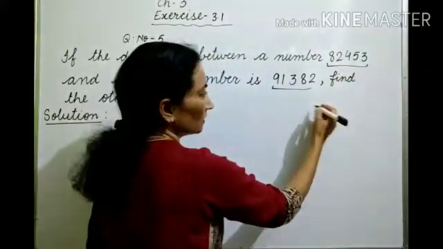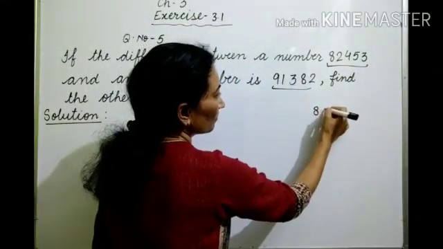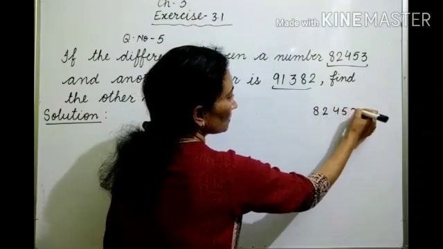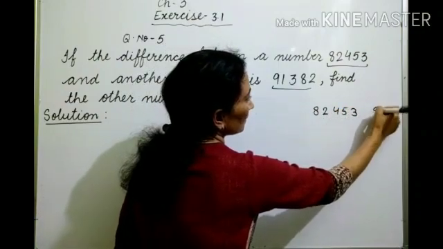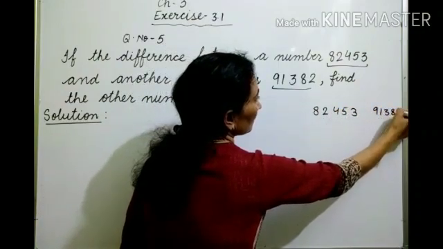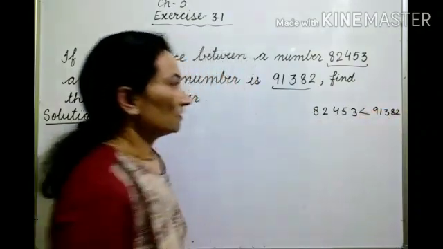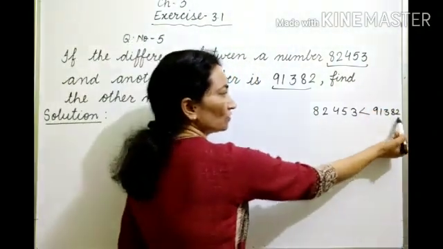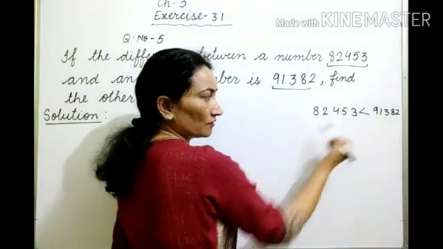First we see, by comparing these two numbers, which is greater. 91,382 is greater than 82,453.